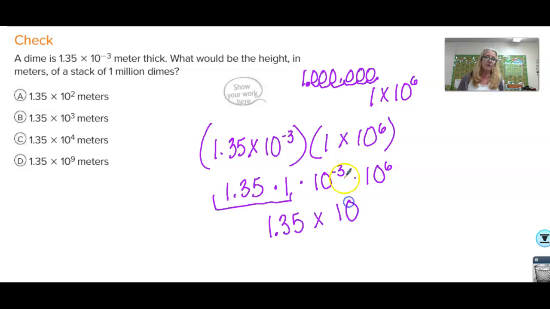And then we use the power of a product property to know that when we multiply two numbers with like bases, we add the exponents. So we're going to add 10 to the negative 3 plus 6, which is 10 to the third power. And so then we come over here and find that indeed B is our correct answer.